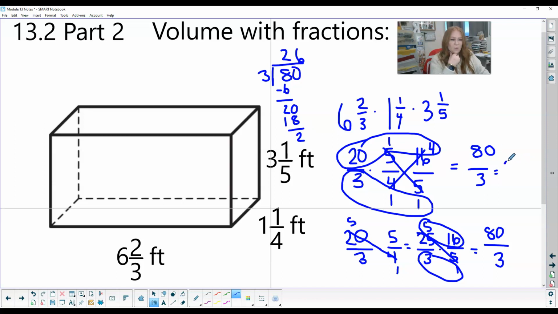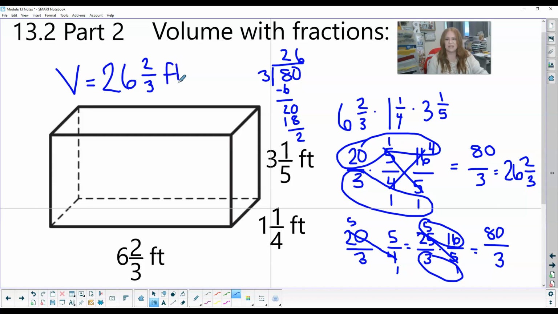So this is 26, and then there's 2 left out of 3. And my lights are turning off. Okay, so this volume is 26 and 2/3 feet cubed.